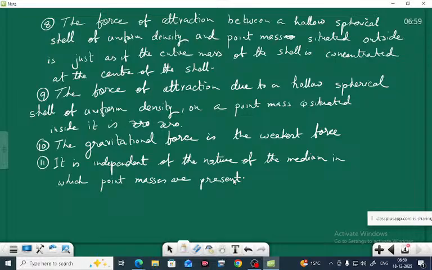And also it holds good for long distances, like interplanetary distances, and also for short distances, like interatomic distances. This is number 12, also a characteristic of gravitational force.